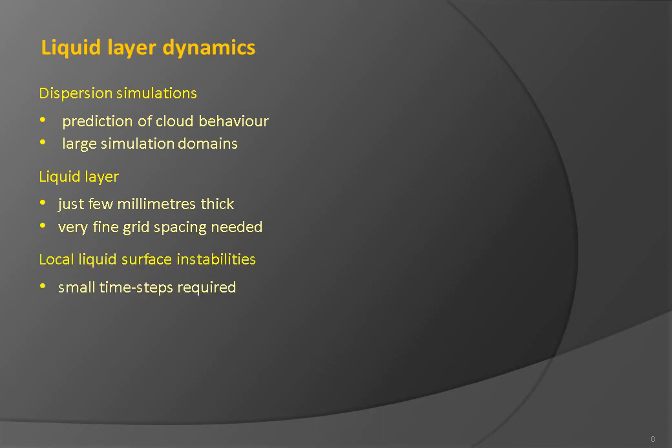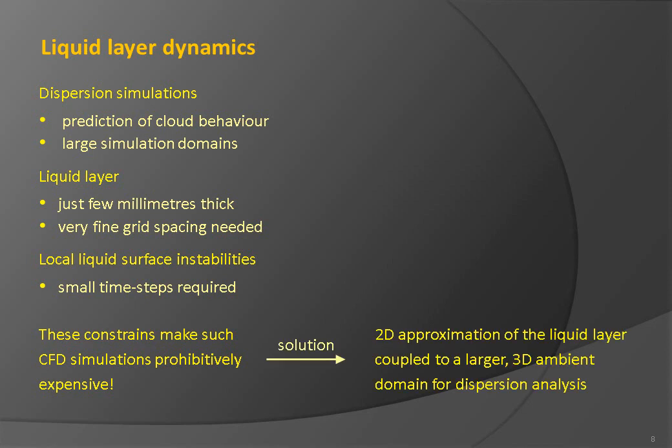In addition, local liquid surface instabilities do require use of small time steps, usually below 1 millisecond. These constraints make such CFD simulations prohibitively expensive. The solution is in two-dimensional approximation of the liquid layer, which is coupled to a larger three-dimensional ambient domain for dispersion analysis.